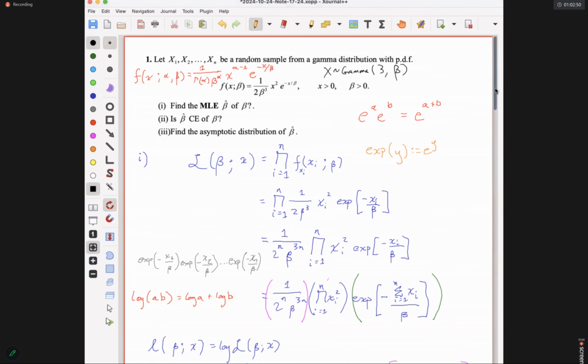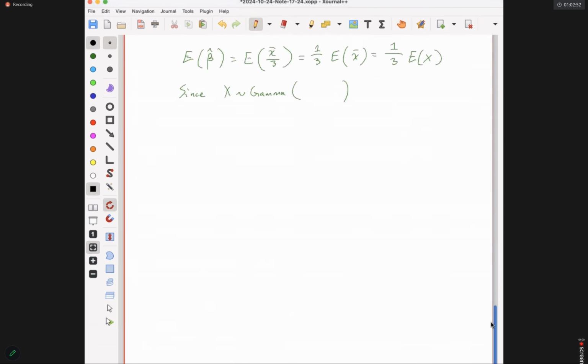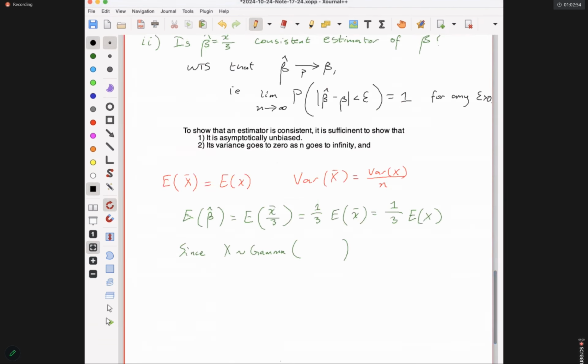So we know now that X follows a gamma 3 beta distribution. And what does this tell us about the expectation of X?